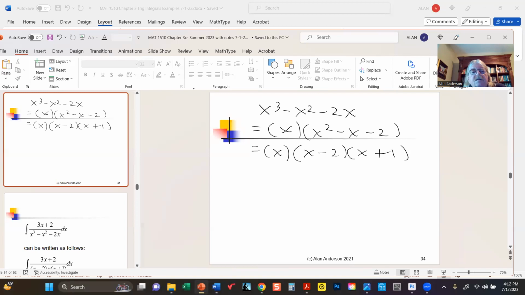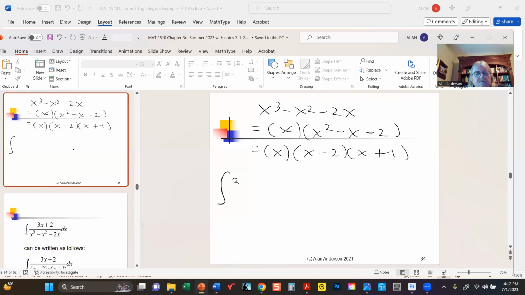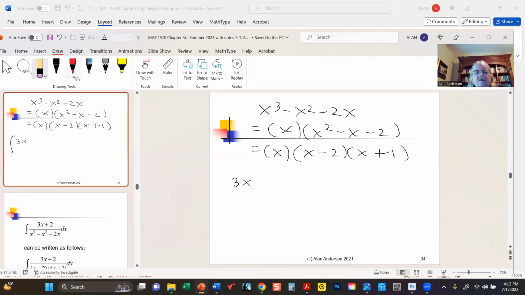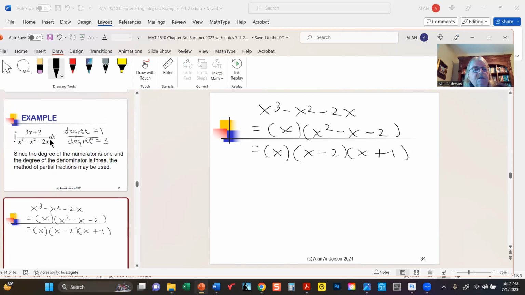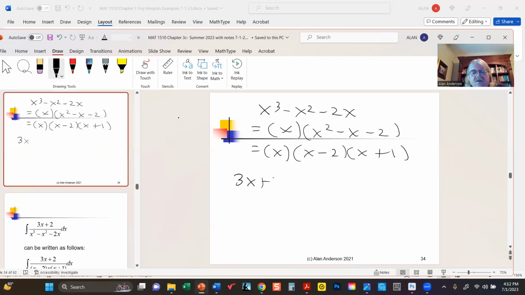And so this integral can be rewritten. Actually, you wouldn't even need the integral. This partial fractions method can be used not just for integration. Anytime we have a fraction like this, if there's some reason for it, we can break it up using the partial fractions approach.